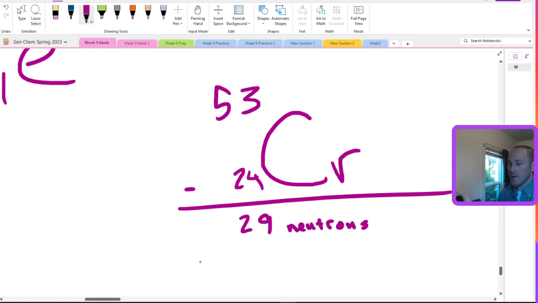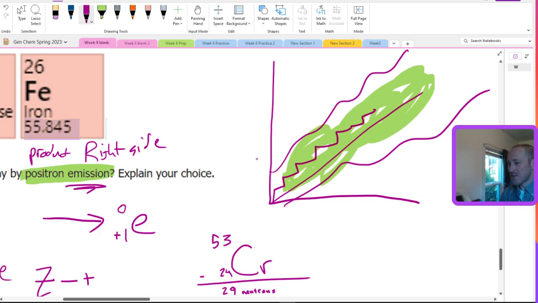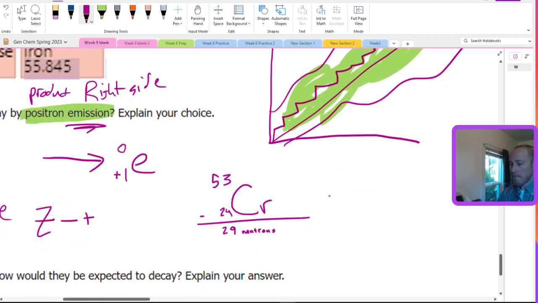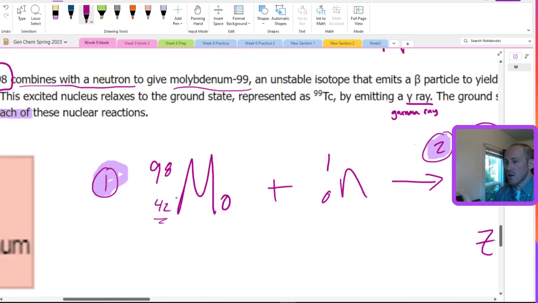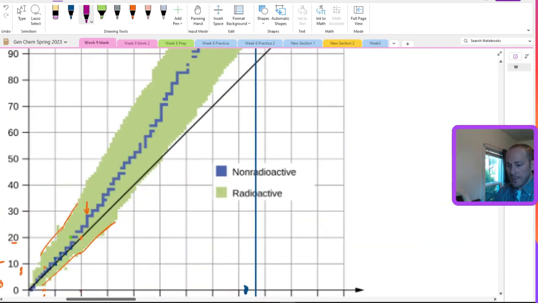So for chromium 53, we're going to look on the actual band of stability. We're going to look for 24 and 29 and see if it would be good for it to lose a thing. We'll do these one at a time. So 24 and 29.